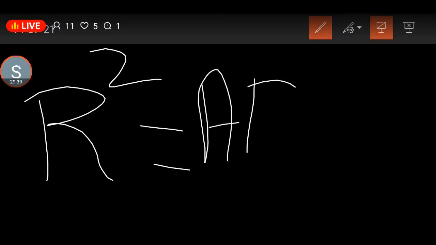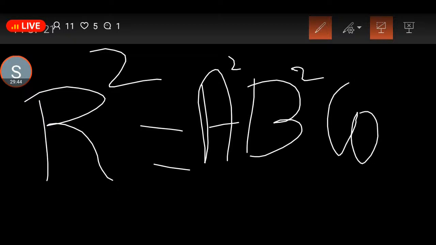I'll explain the sin theta, cos theta probably tomorrow. I don't know where I wrote that derivation. I'll show you that tomorrow. The formula will be R square, the resultant, or C square, is equal to, one second, the resultant will be A square plus B square plus 2AB cos theta.